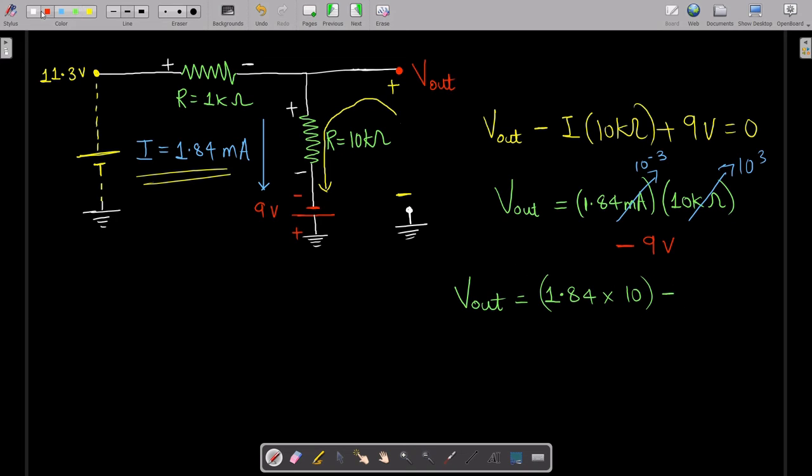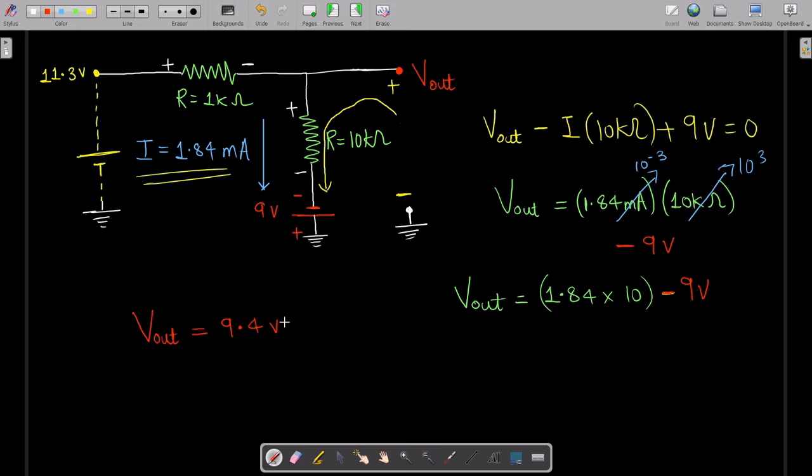Let me use different colors so that there won't be any confusion. Minus 9 volts. So it would be somewhere around 22 into 10. Let me calculate this value with my scientific calculator. 1.84 into 10, so the value works out to be 18.4 minus 9. So we are getting V out equals 9.4 volts.